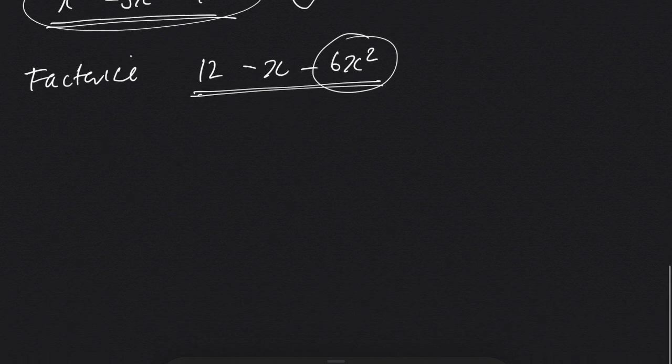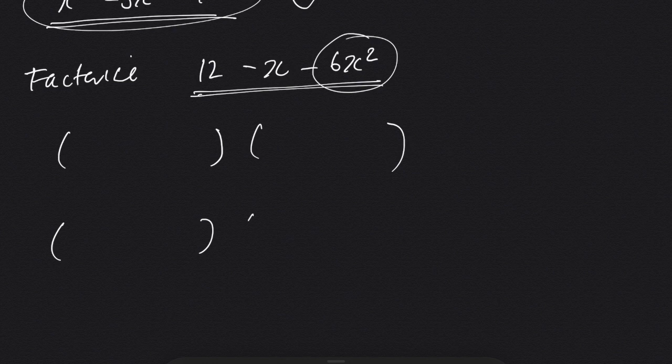Okay, so we could maybe write that down. So it's actually either going to be these two. So we have to say in the brackets, we might have two guesses where it could be either of these. It could either be 6x and x, or it could be 3x and 2x.